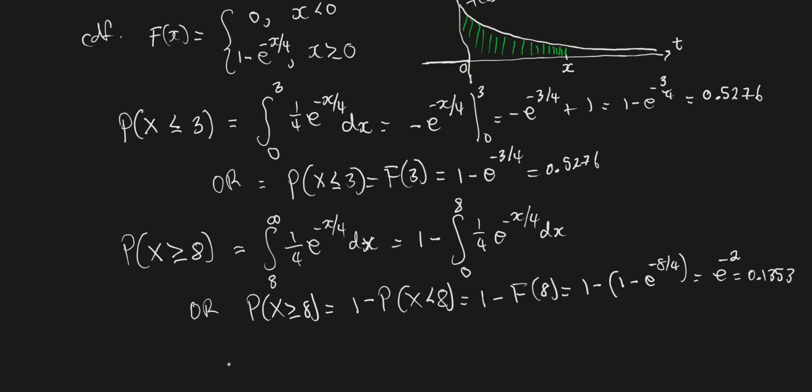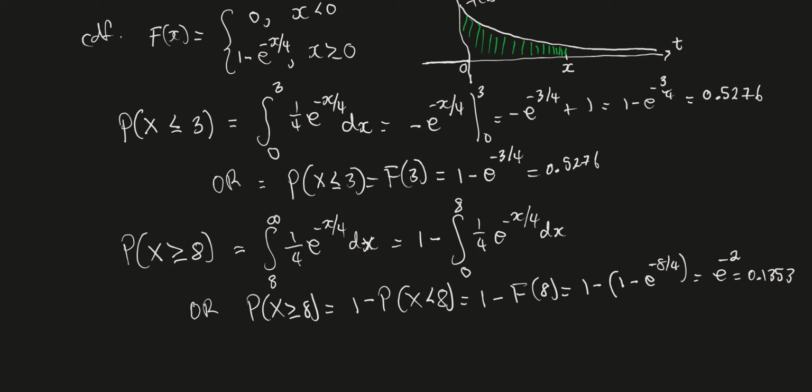Finding percentiles of a gamma distribution is really difficult, because many times you end up having to use a numerical solver to solve some difficult equation. But because we have such a relatively simple CDF, finding percentiles of the exponential distribution is relatively easy.